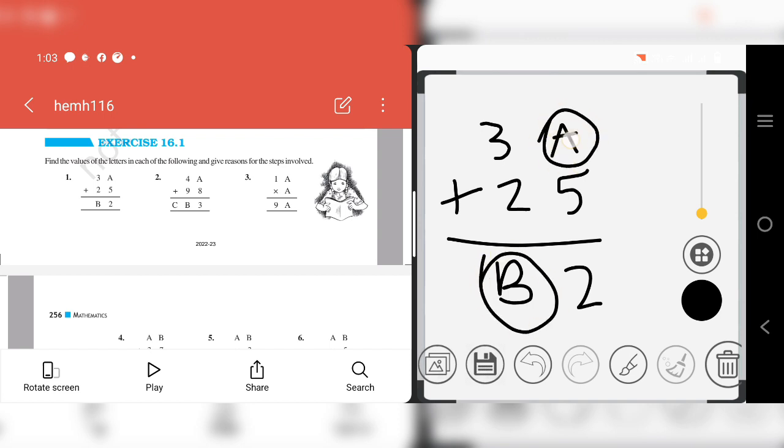Here they have given that if we add a number a with 5, we are going to get a number which has the unit digit as 2.